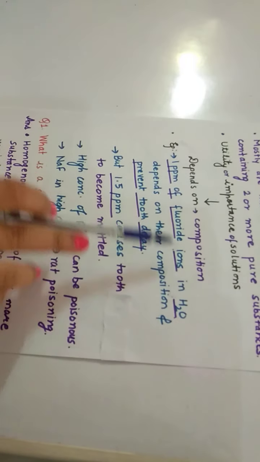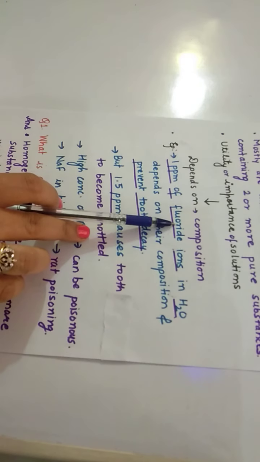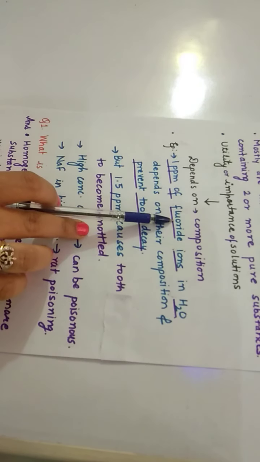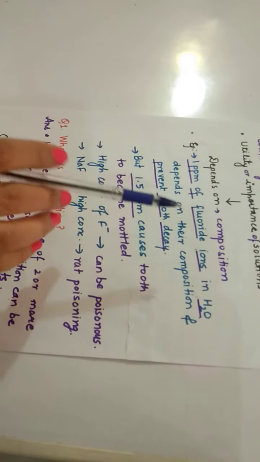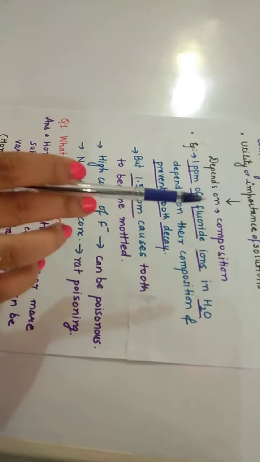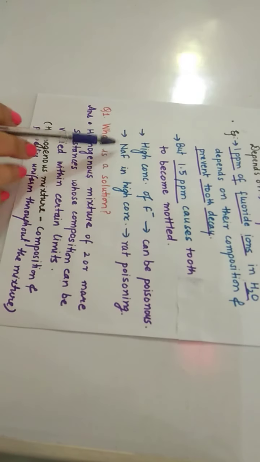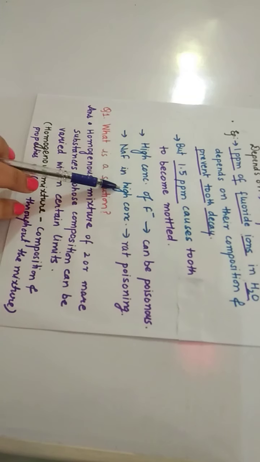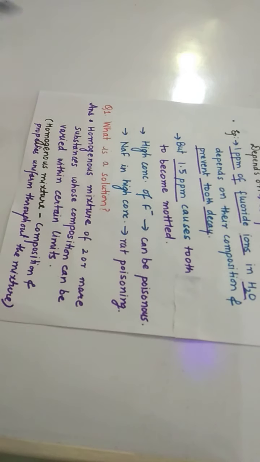While if the concentration of fluoride ion is very high, if the content of F negative ions is more, then it can be poisonous. Like sodium fluoride is present in high concentration. And you know, in your houses, the thing that you use for rat poisoning is exactly sodium fluoride.